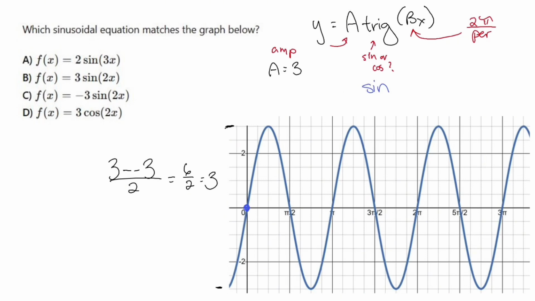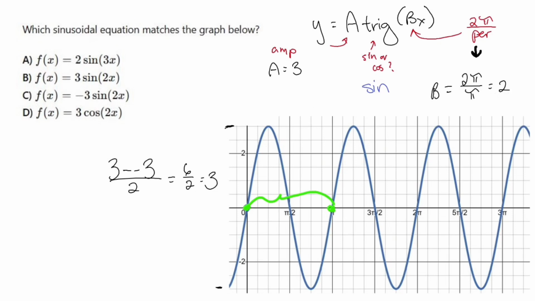Now, last but not least, I need to find the period, so that I can plug it into that equation right there. If I start at 0, go up, down, and repeat at pi, that means my period is pi. So I'm going to turn this into 2 pi over pi, which means that b is 2.